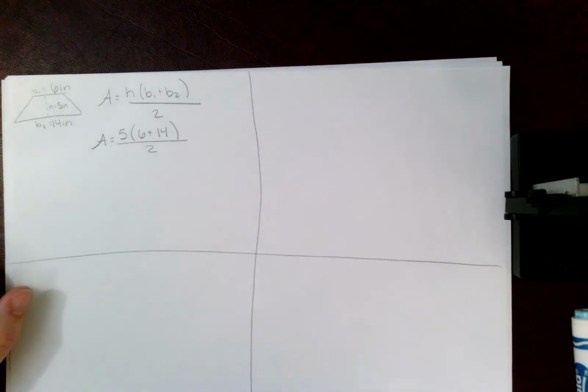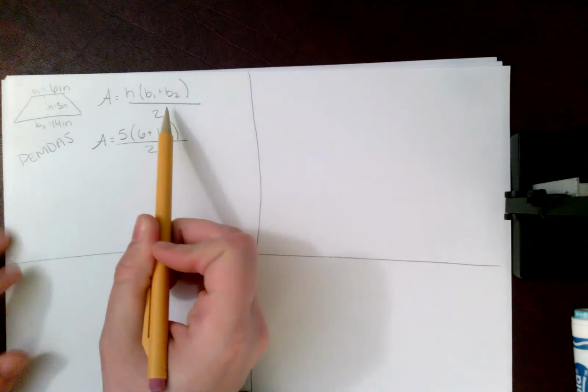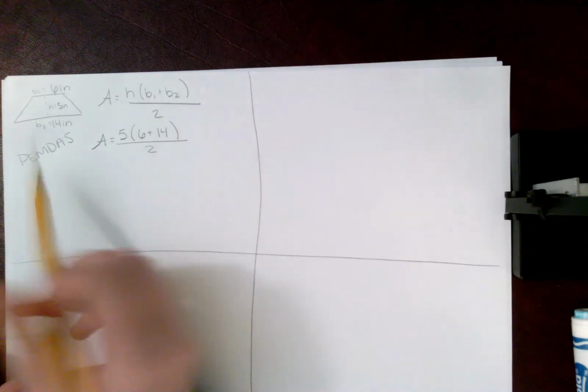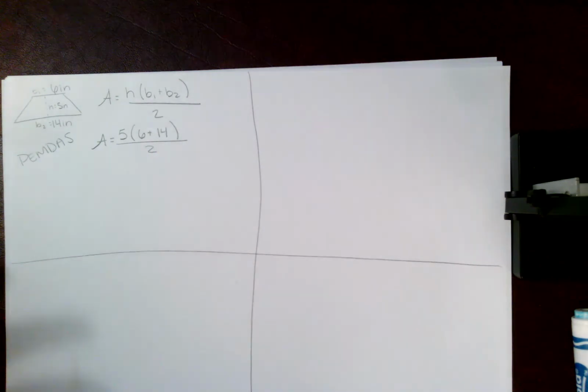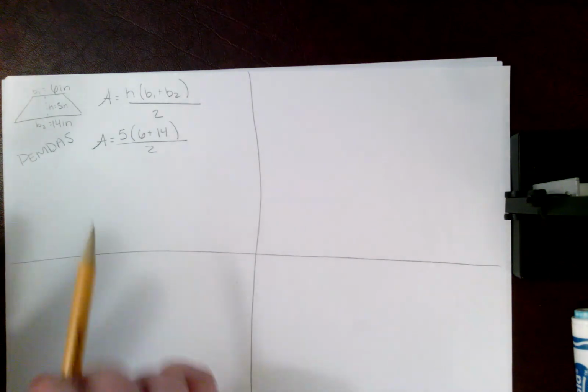So next, if you are unsure of what to do, always refer to PEMDAS. What I like about this unit is that your formula will always tell you what to do, and PEMDAS will tell you what order to do it in. So if you see a lot of numbers here and you get overwhelmed, don't worry, just go to PEMDAS.